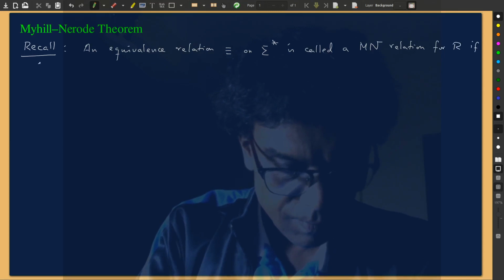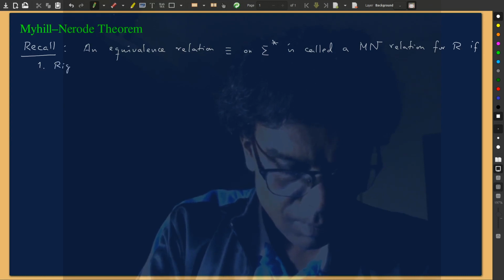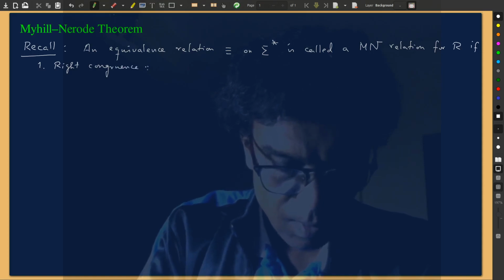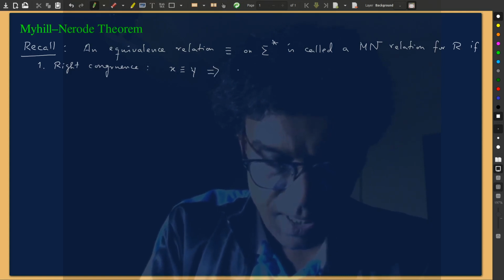First, this is a right congruence, which implies that if x is equivalent to y for two strings x and y, then for any a in the input alphabet, xa and ya must also be equivalent.